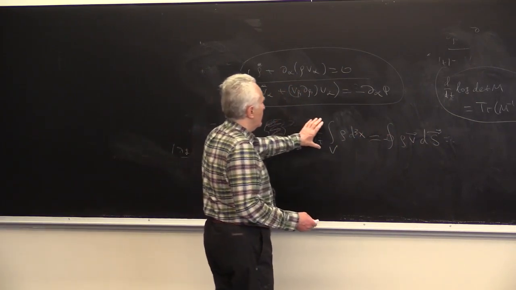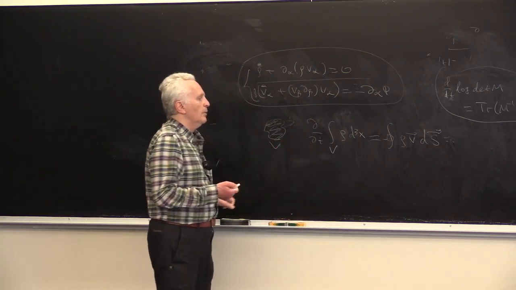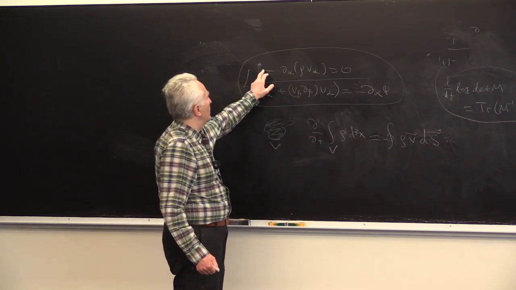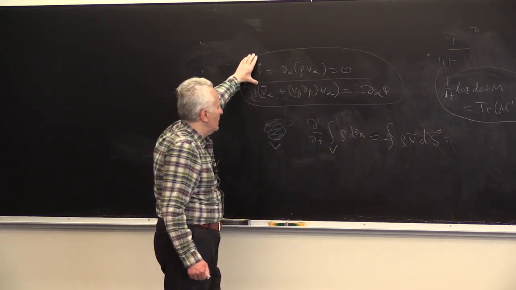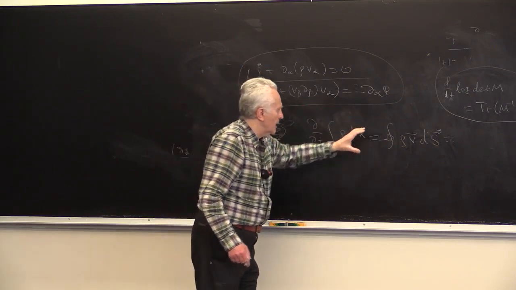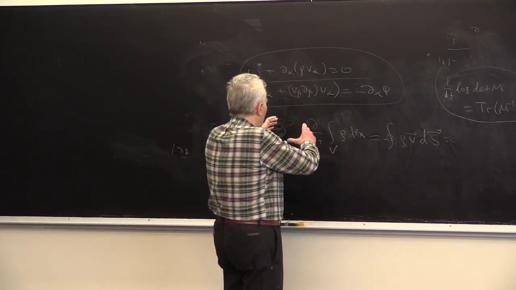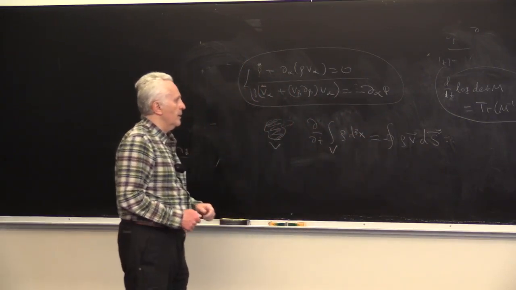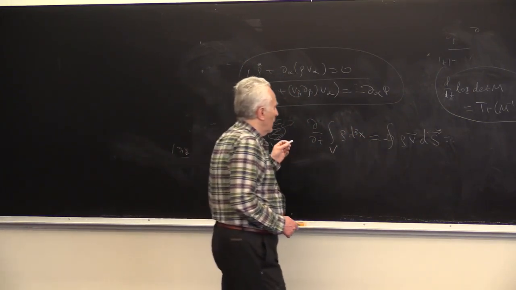So the conservation law here, that's typical for continuous mechanics, is not simply that some time derivative is zero, but that for a finite volume you have this type of relation.